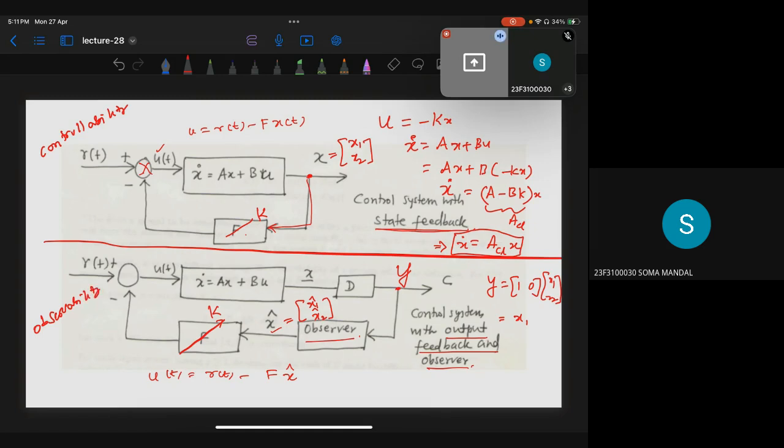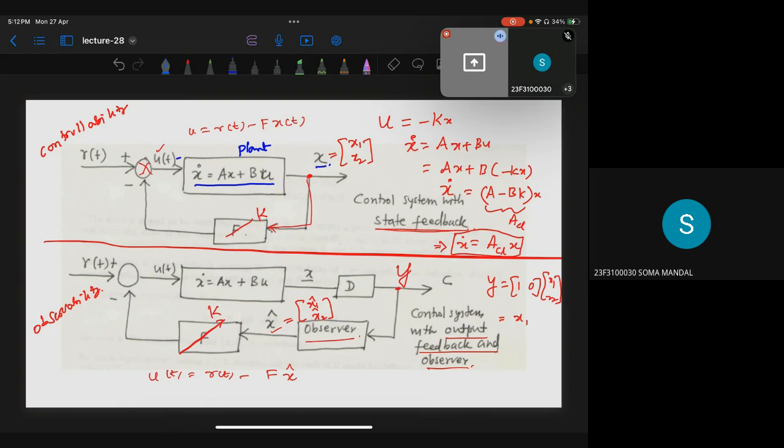You can see here in the top image, we know x dot is equal to Ax plus Bu, and that represents the plant or system. To this we are applying the input u of t, then you get your output, let's say x.